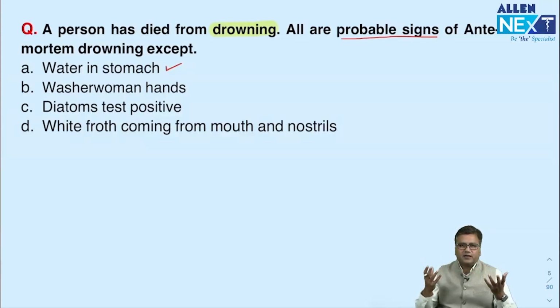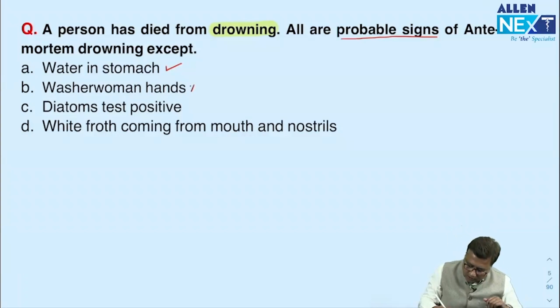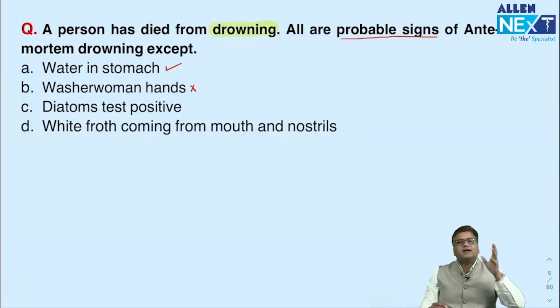It starts to generate in fingertips within the first 2 hours, and it progresses to the back of the hand in 24 hours, and the same happens in cases of foot also. So it does not create any clear picture whether this finding would be going in favor of an antemortem or a postmortem drowning. So is it a probable sign of antemortem drowning? The answer is no. This is not a probable sign of antemortem drowning.